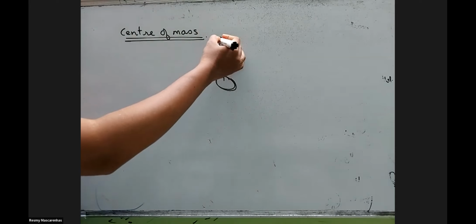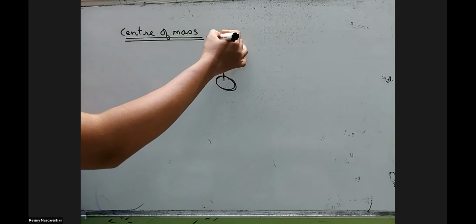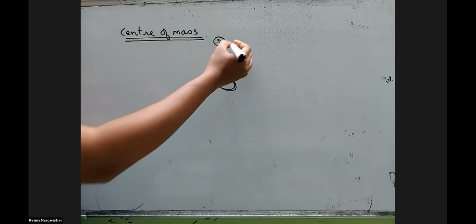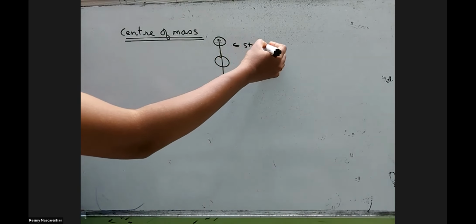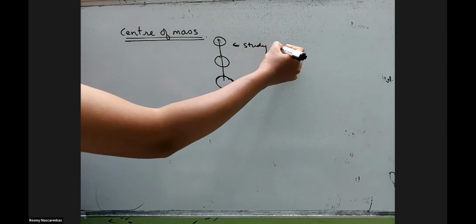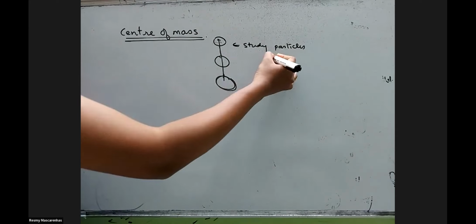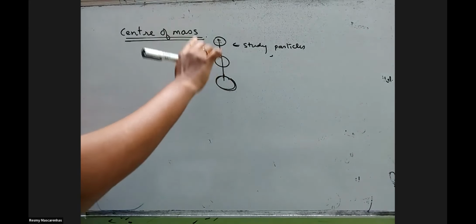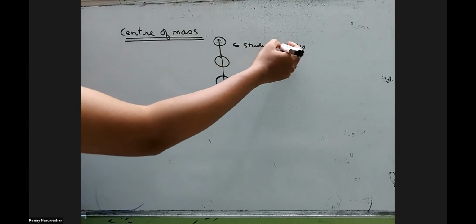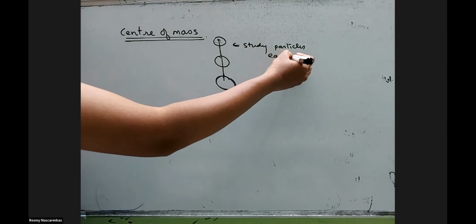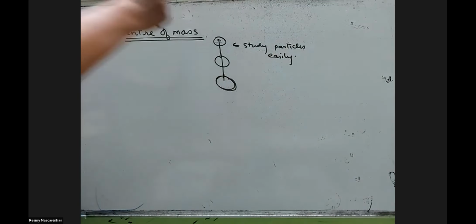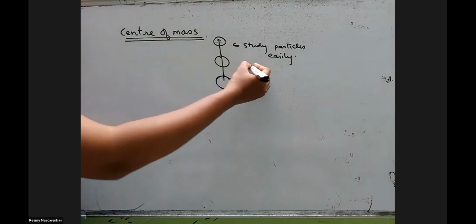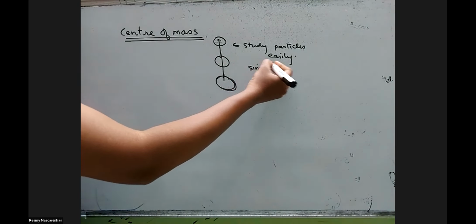You can always calculate very easily where is the particle. You can study particles easily. Anything you want to calculate of the velocity, everything, you can study all the particles easily. Why? Because it's going straight like this. So this is a simple motion.